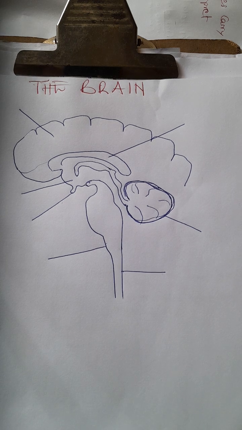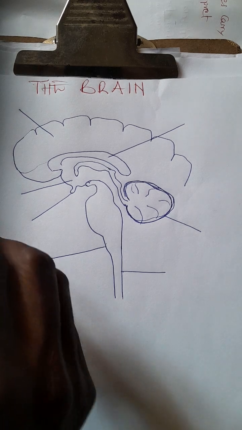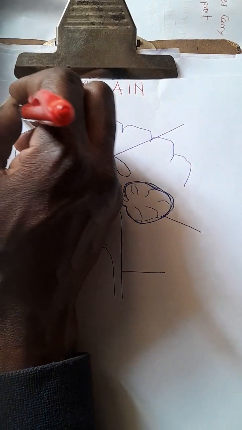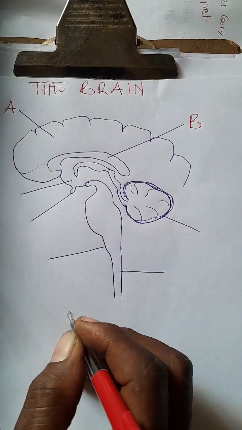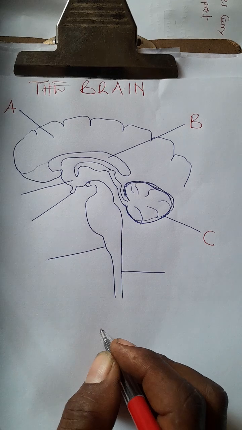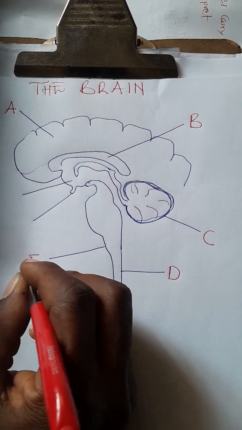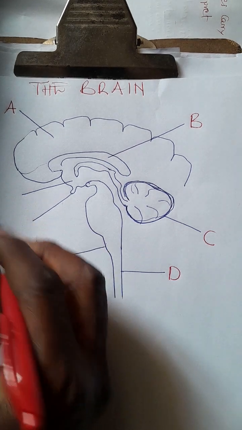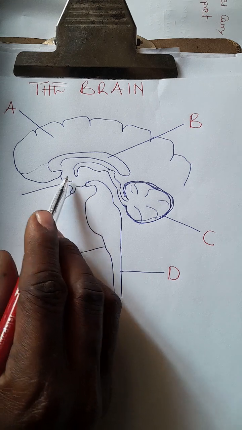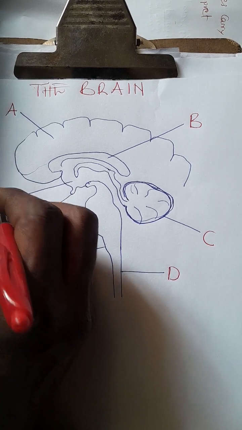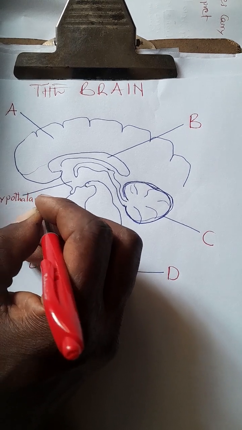So now, the parts that we're going to look at, I can say the brain centers. We have A, we have B, we have C, we have D, we have E. Then these other ones, I can name them. This part that is slightly on top where there's this space, this is the hypothalamus.